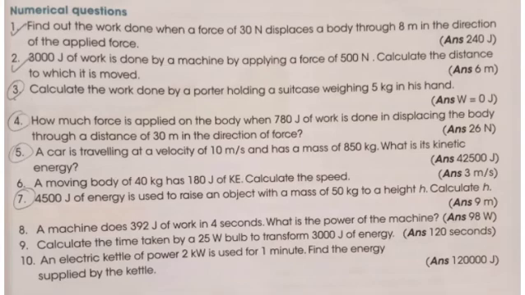Now, homework for you: questions 3, 4, 5 and 7. Complete the homework. If you have any doubt, you can ask me. Take a photo and send it to my WhatsApp. Thank you children.